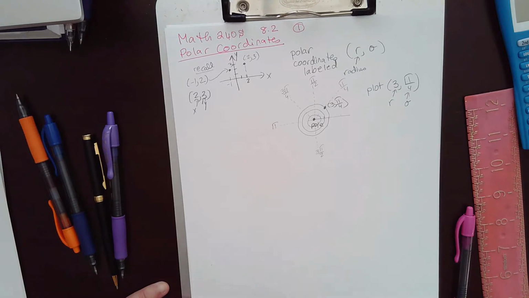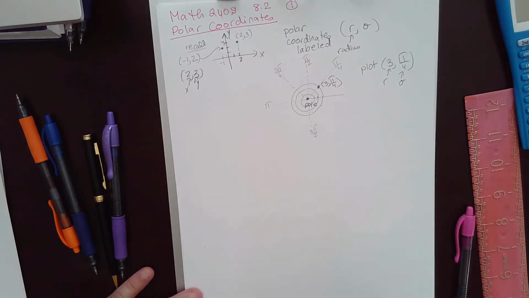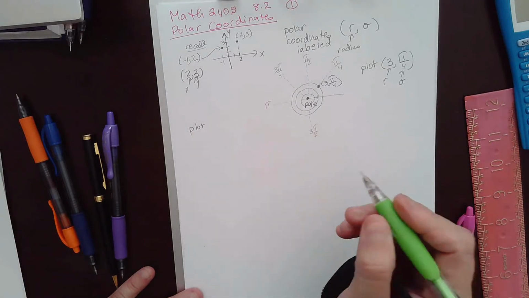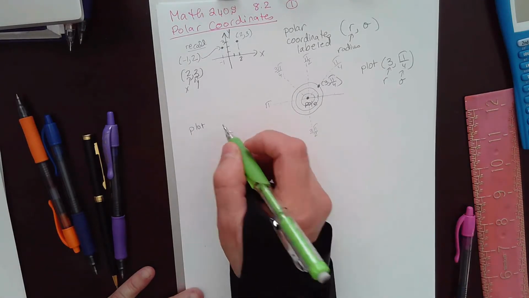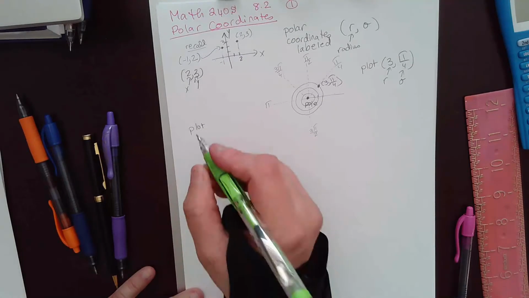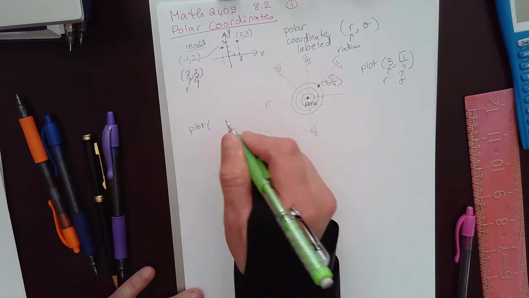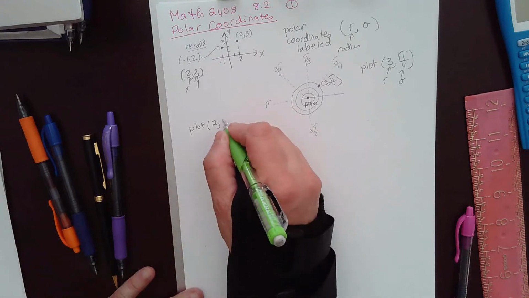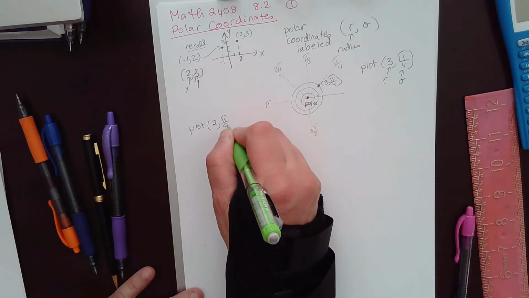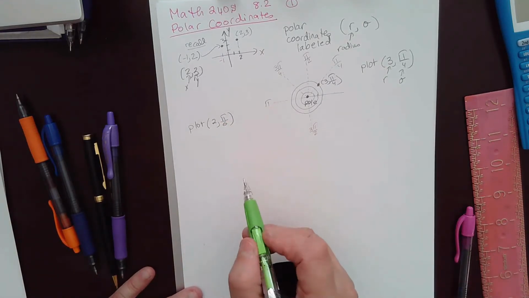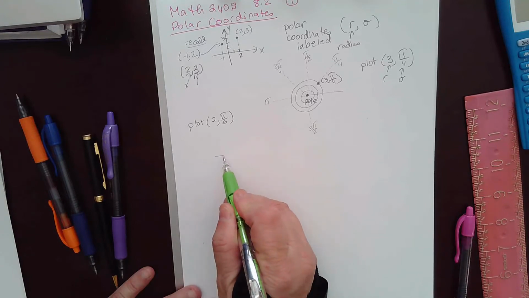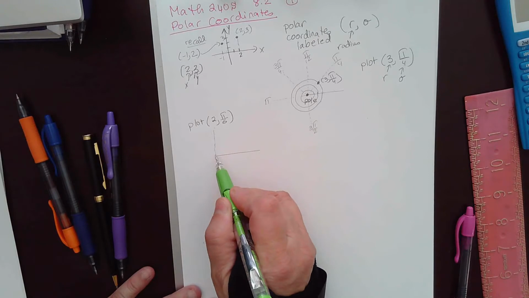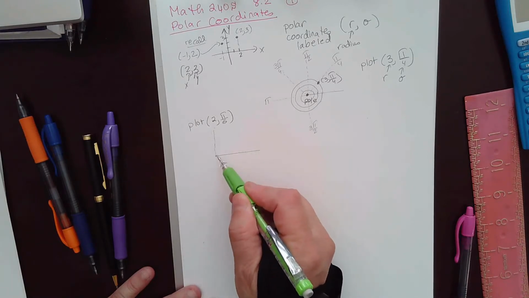So let's go ahead and plot another one. So suppose I ask you to plot (2, pi over 6). So let's go ahead and do this. Here's your pole. This is pi over 2. Here's pi over 4. Pi over 6 is here.